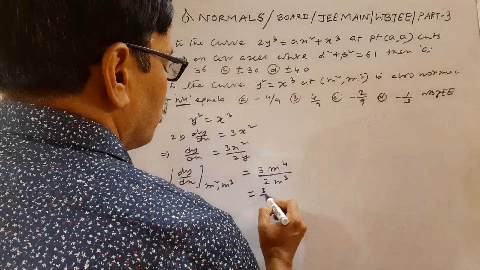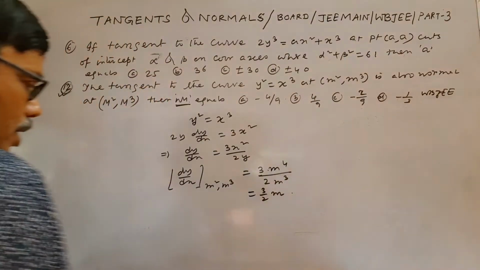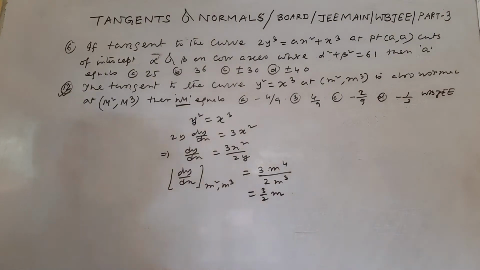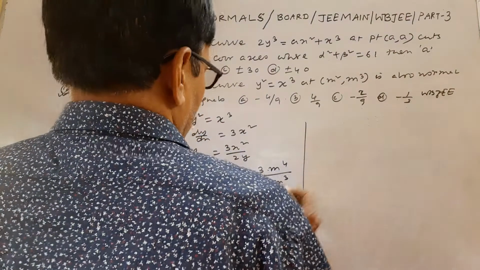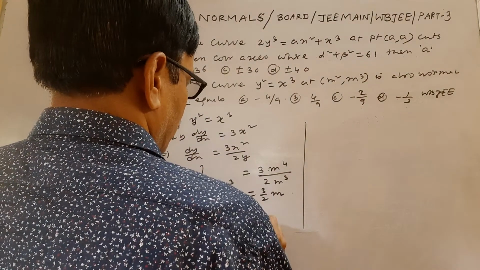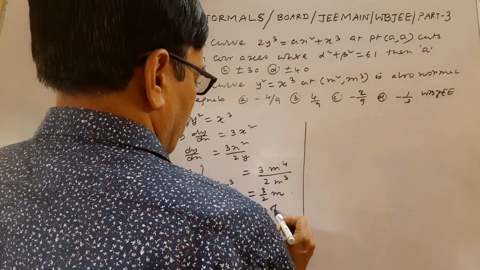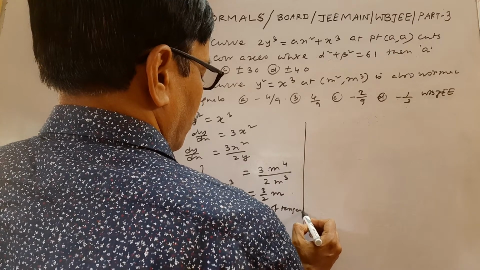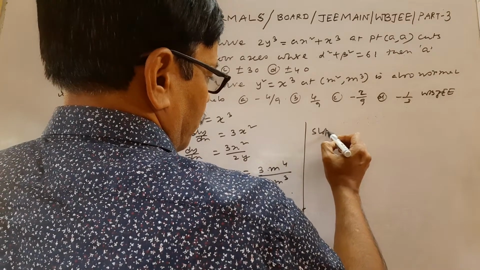So 3 by 2 m. Now this is slope of tangent.